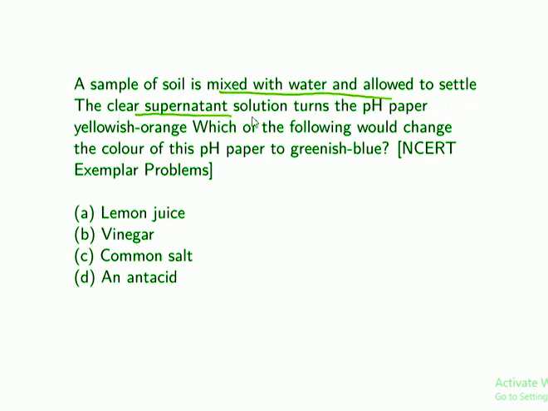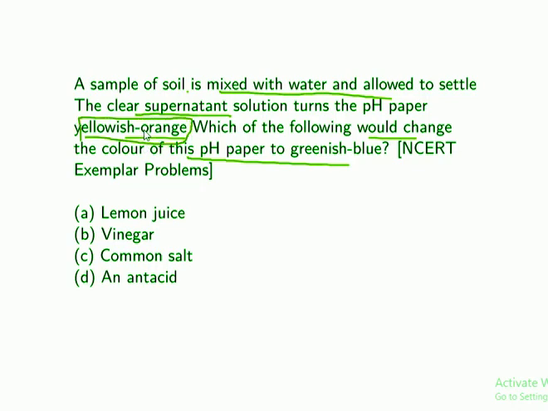Sample of soil is mixed with water and allowed to settle. The clear supernatant solution turns the pH paper yellowish orange. Which of the following would change the color of the pH paper to greenish blue here? So they're asking, we have to mix some soil and water, and after some time you know that soil is going to settle down, and water is going to flow upon the soil. So that solution, when we add it on the pH paper, turns the pH paper yellowish orange.